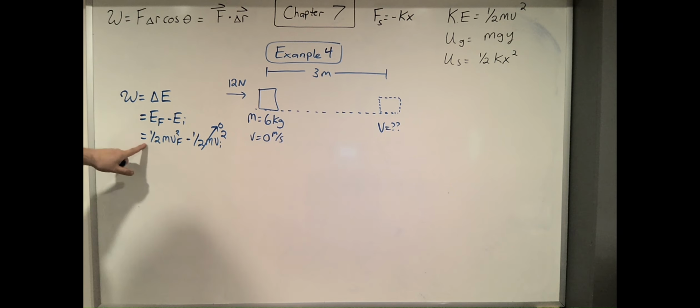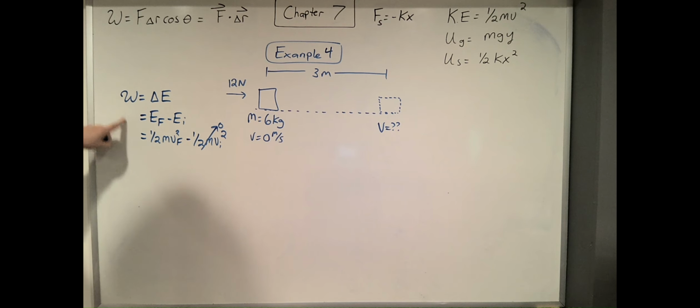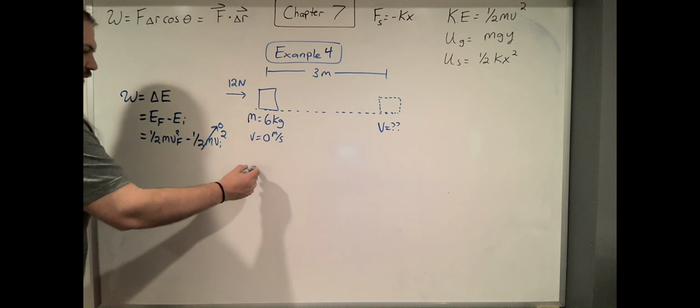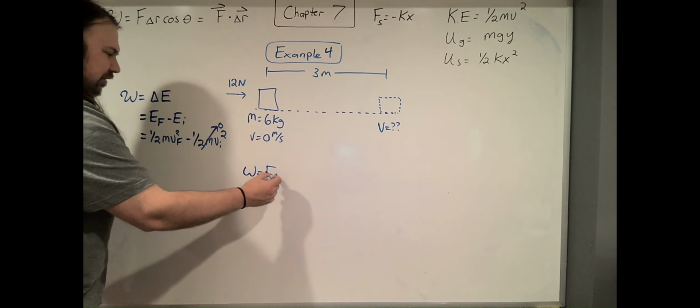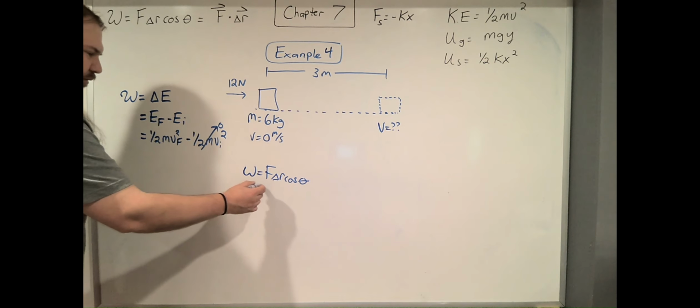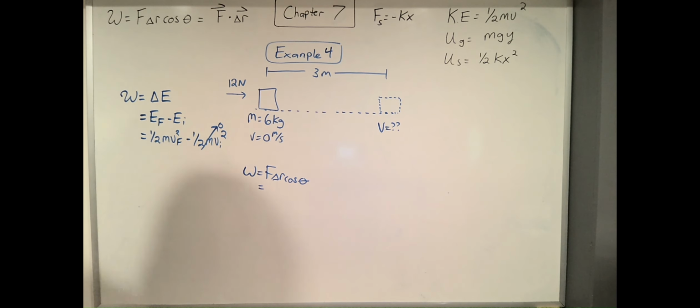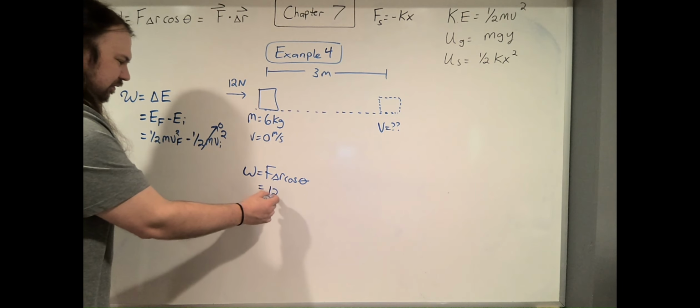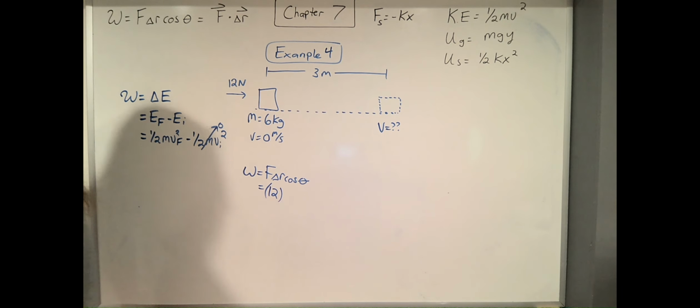Okay, seems like I'm still in the same boat. Now I just have a different premise, that work is equal to 1/2 m v final squared. So how do I figure out work? Well, I have an equation for that: work is equal to F change in r cos theta. What is F? We're giving 12 newtons of force, so I'll have 12 newtons.